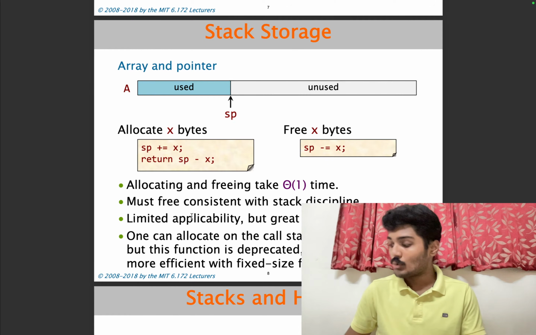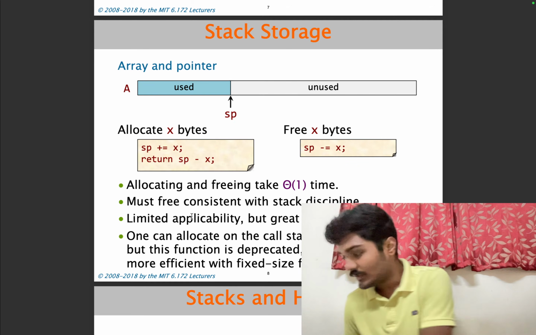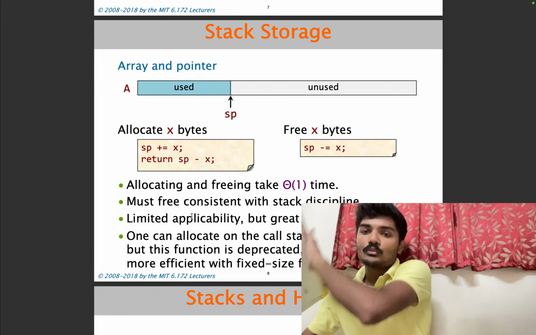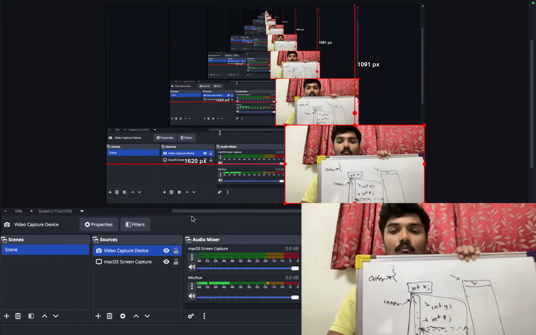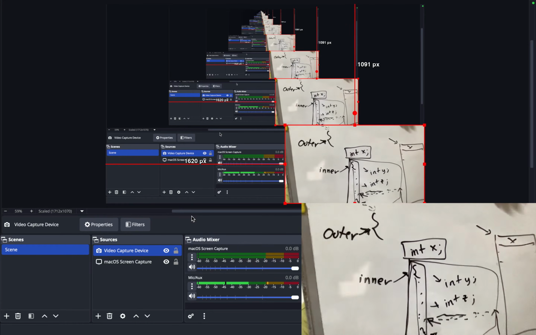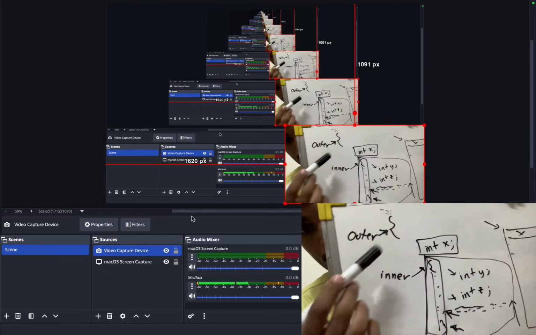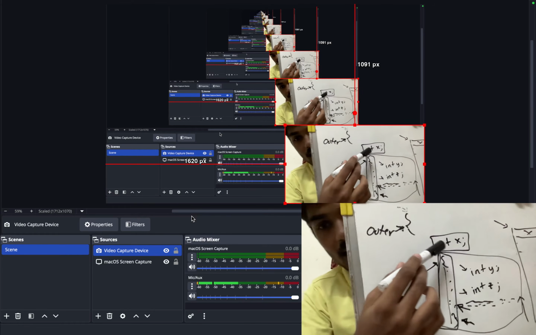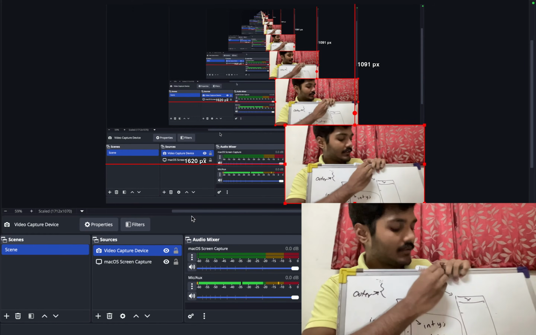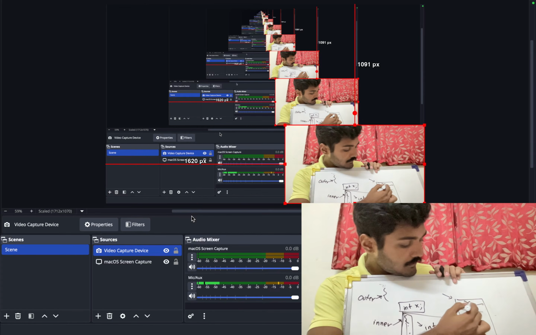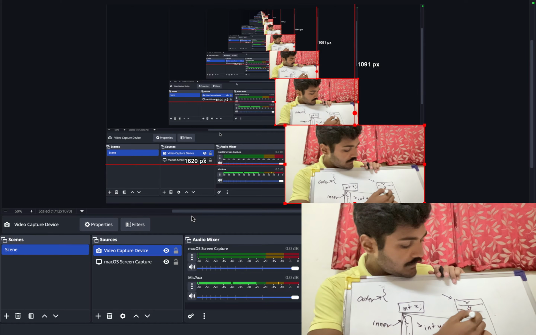If I wanted to free up integer x, so in this example, let's say I want to completely destroy integer x, and my stack already has integer y and integer z.